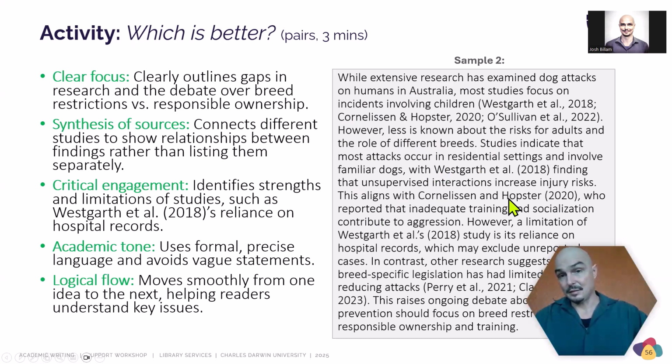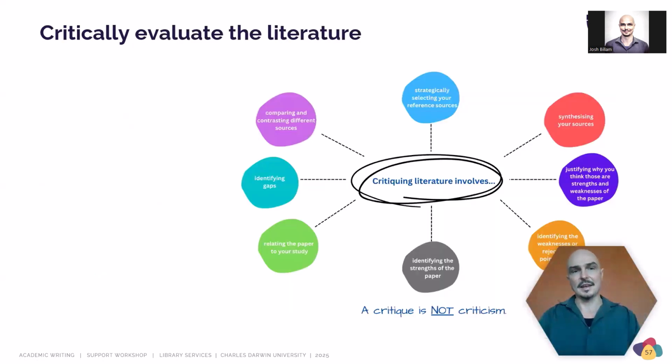And it says, these people have the same view as those people, but a limitation of that study is, etc. The person who wrote this is critically engaging with the sources. They're not just summarizing them, they are comparing and contrasting them to other sources in the field, and they're also highlighting limitations in the study, or the limitations that they can see.